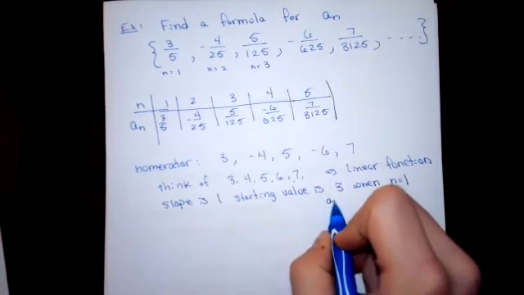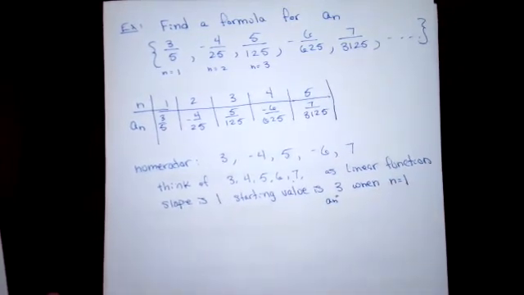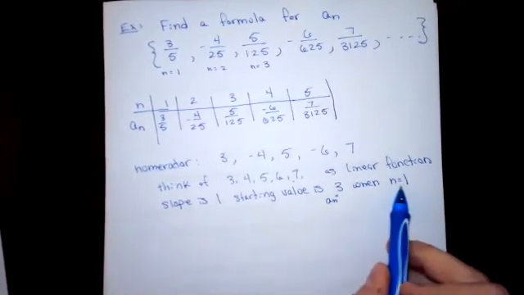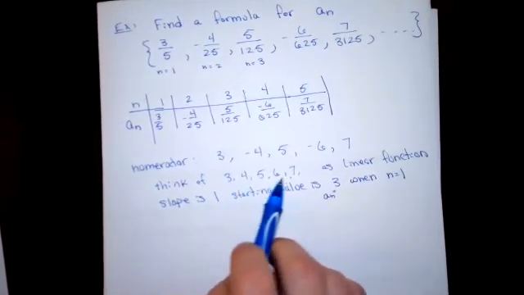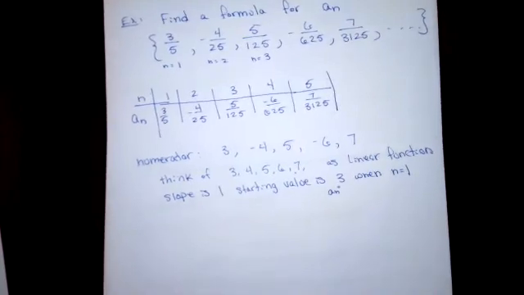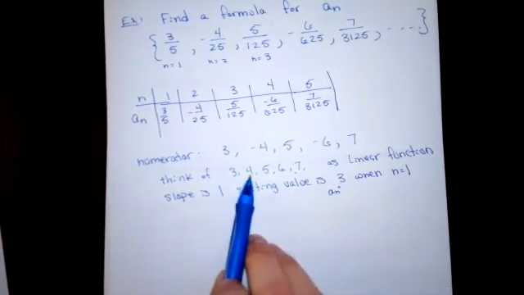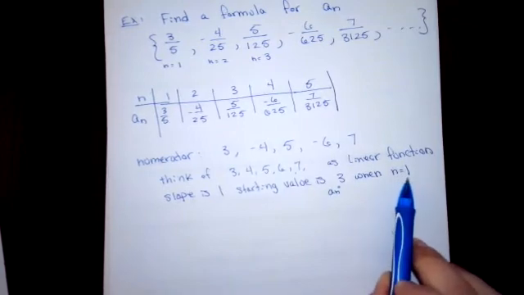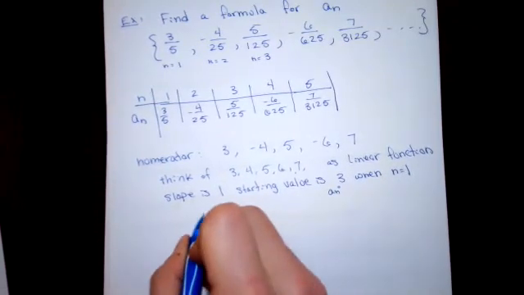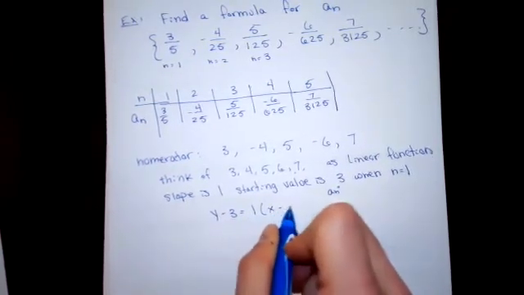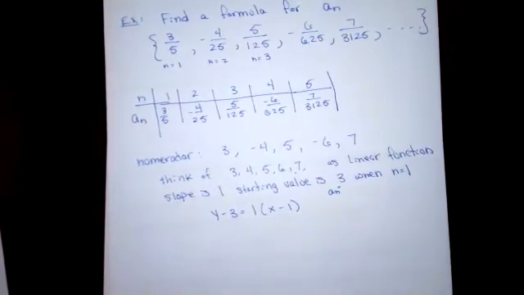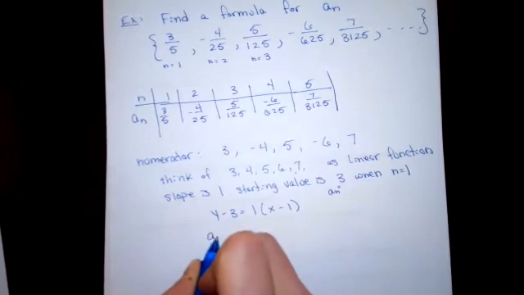So this is my a_n. We can use point slope form. Think of these as my x values, these as my y values. And of course, this is just picking out the sequence of the numerator, ignoring the alternating. So how do we come up with a sequence of 3, 4, 5, 6, 7 when I start at 1? Think of it like this: y minus 3 is equal to my slope times x minus 1. Point slope form. I had the point (1, 3) and my slope. And now what is my y? Think of that as like my a_n.